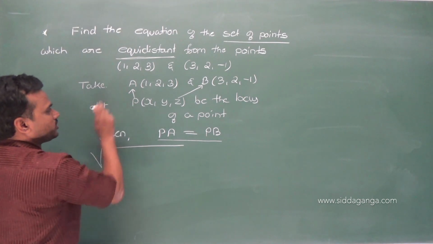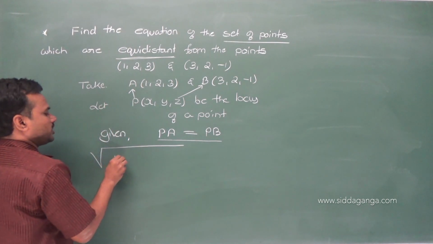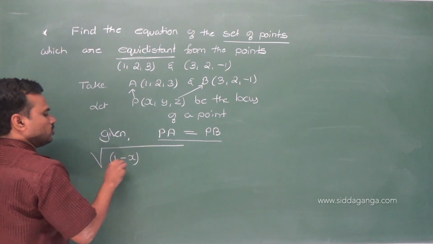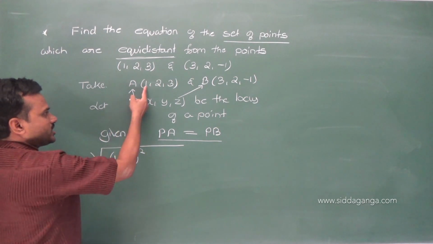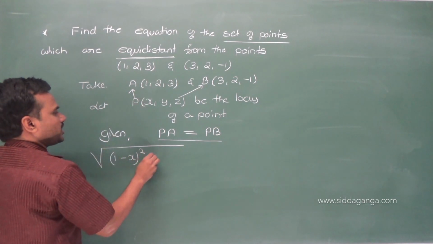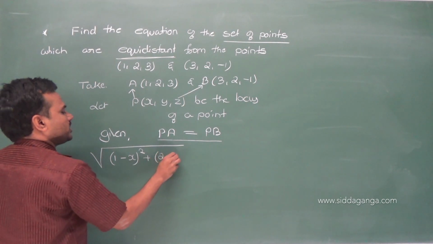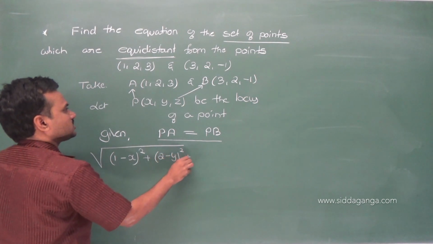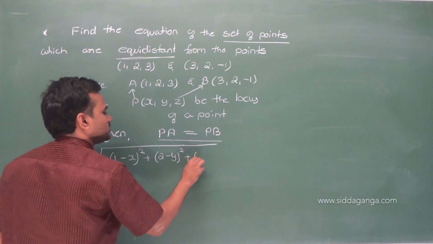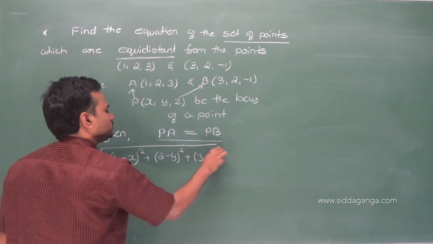Distance from P to A, that means square root of (1 minus x) whole square, x2 minus x1, correct now? Plus (2 minus y) whole square plus (3 minus z) whole square. This is over.